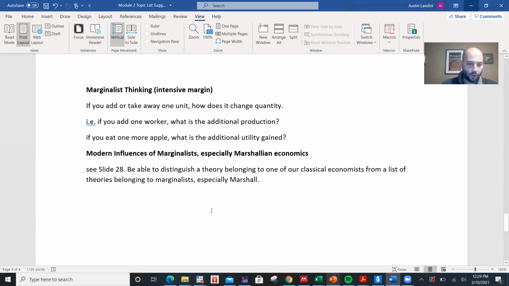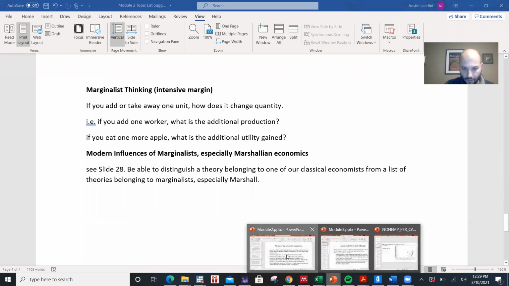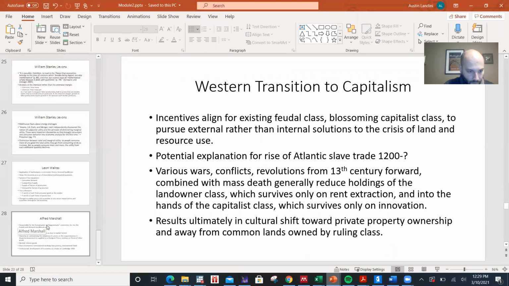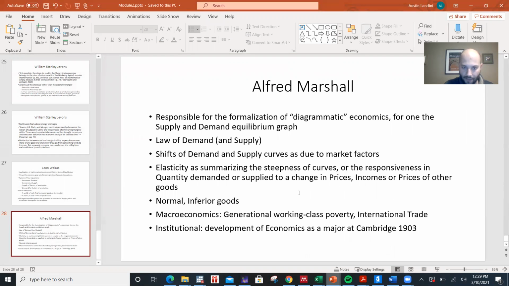And then on slide 28, I list a number of influences of the marginalists, especially on Marshall, especially to microeconomics. And from here, you would just basically want to be able to pick an item off of a list that doesn't belong. So let's have a look here at Marshall. And I don't need you to memorize this whole list.